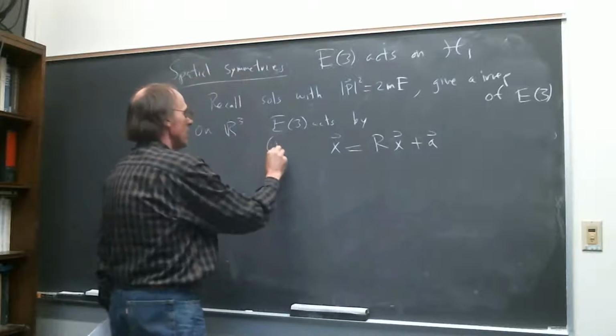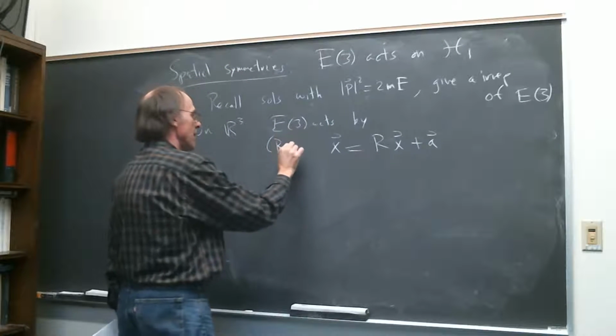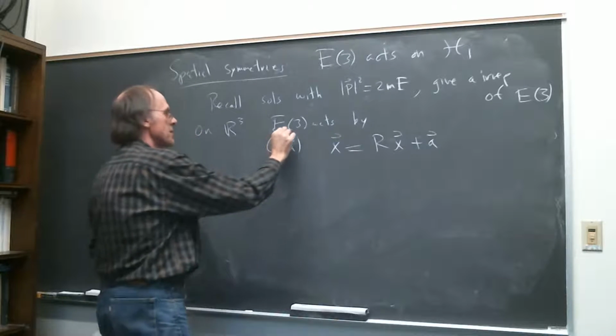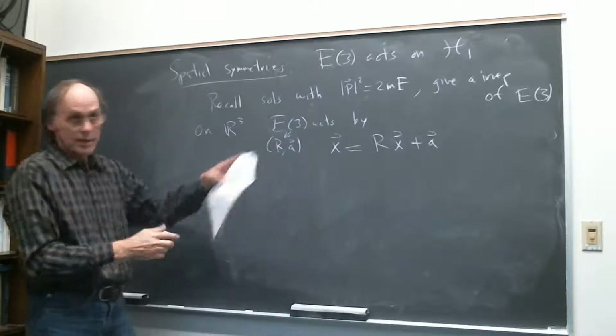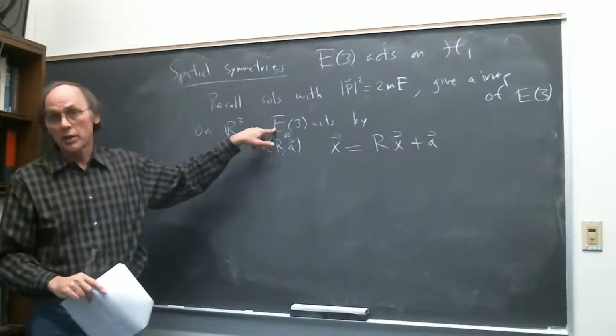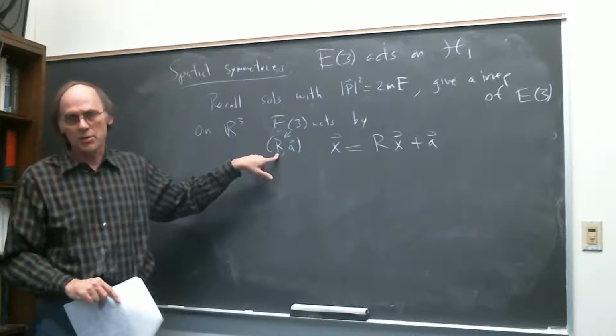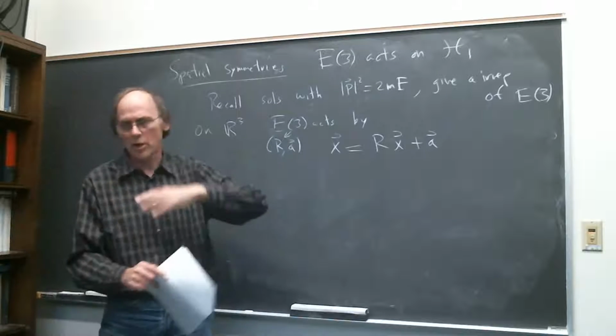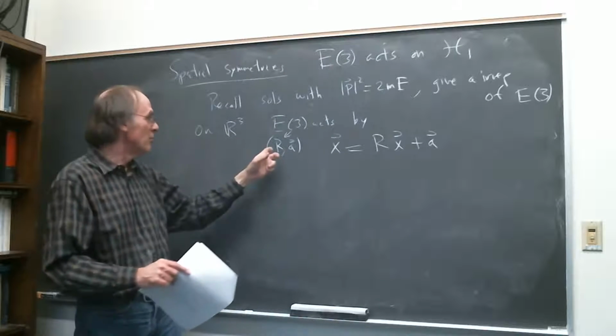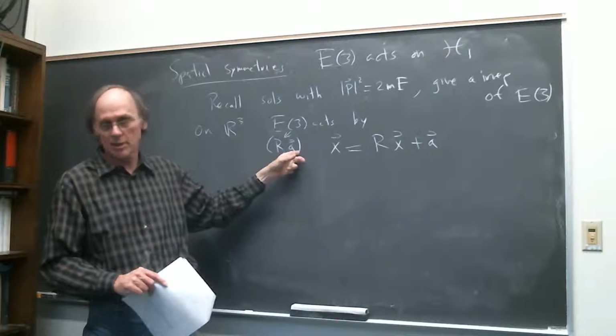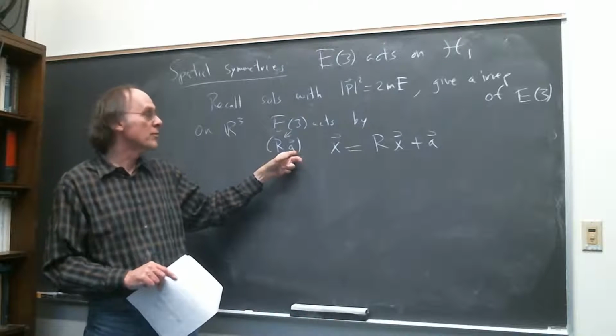Here R, an element of the Euclidean group, is a three-dimensional rotation, something in SO3 or O3, or maybe I want to go to the double cover and do SU2, but it's one of those, and a is just an element of R3 of translations.